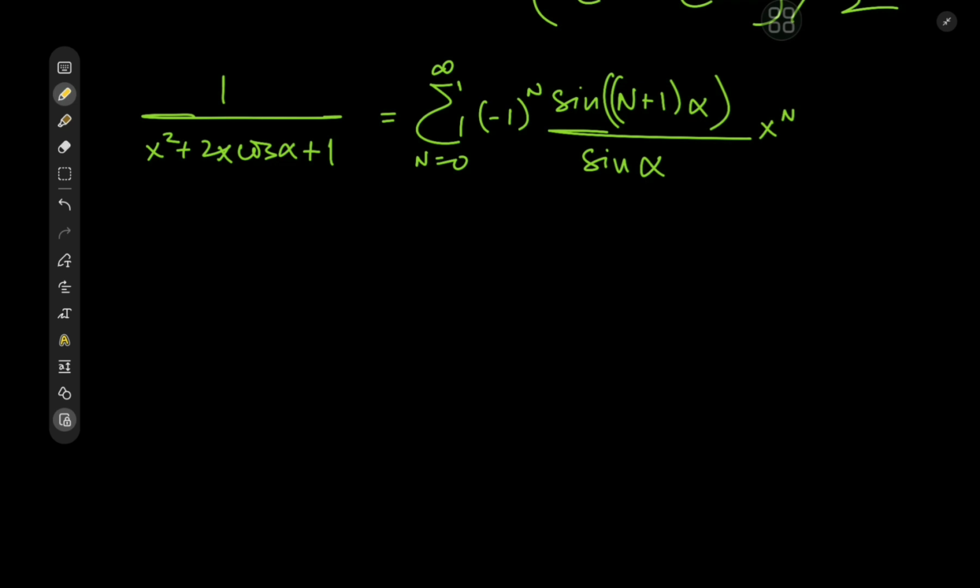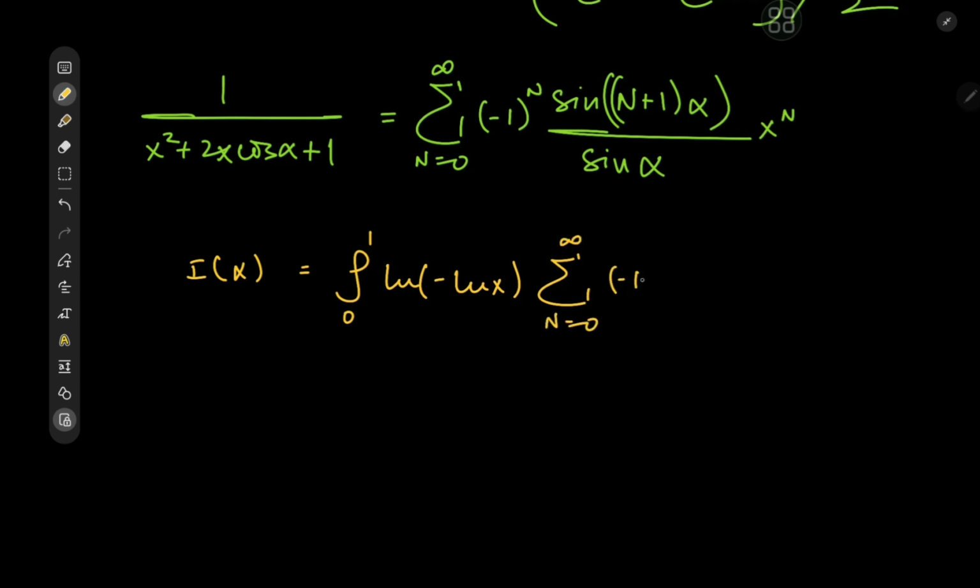And no. The target integral I of alpha equaled the integral from 0 to 1 of log negative log x, terribly sorry about that, times this very function for which we do have a series expansion. That is the sum over n from 0 to infinity of negative 1 to the n times sine of n plus 1 alpha divided by sine alpha x to the n dx.